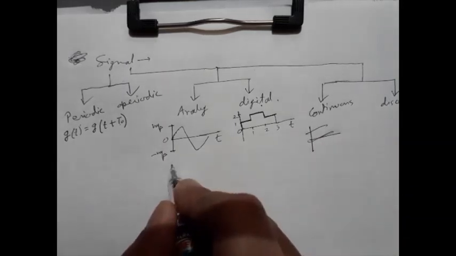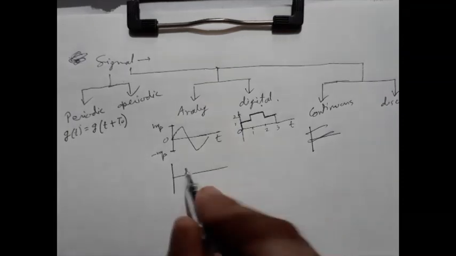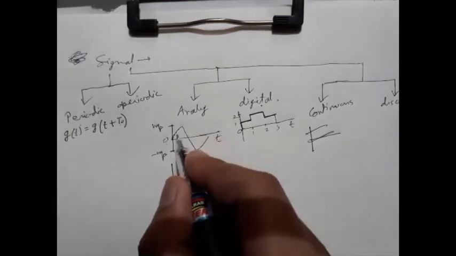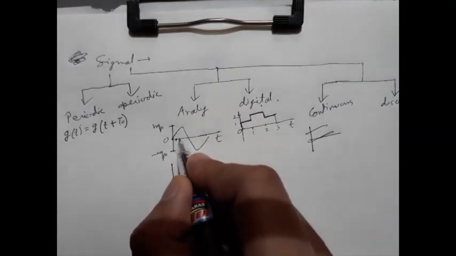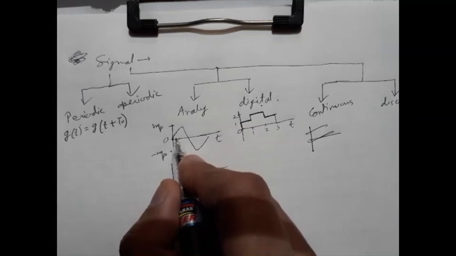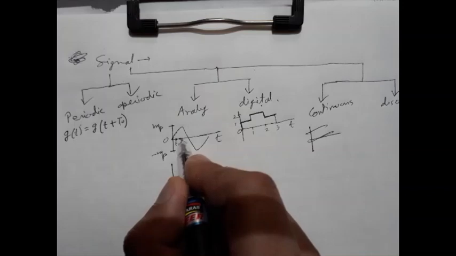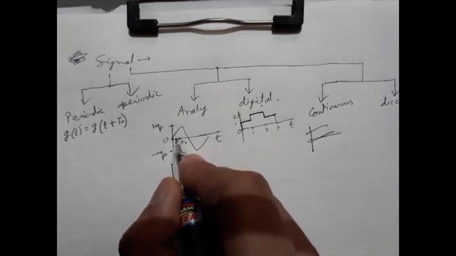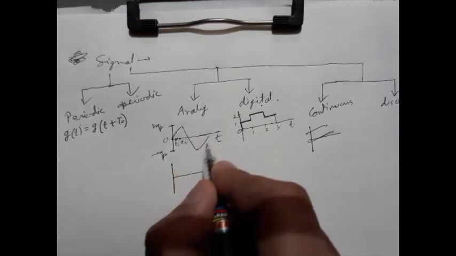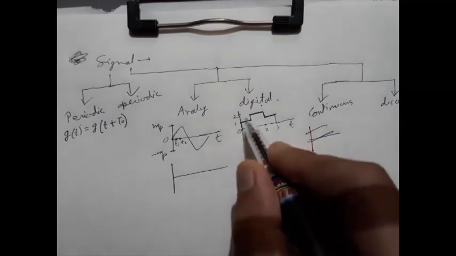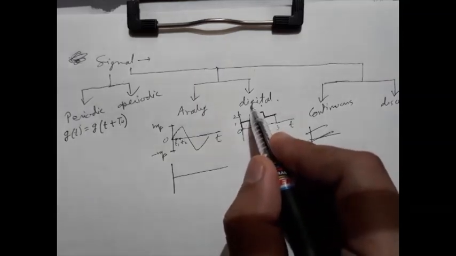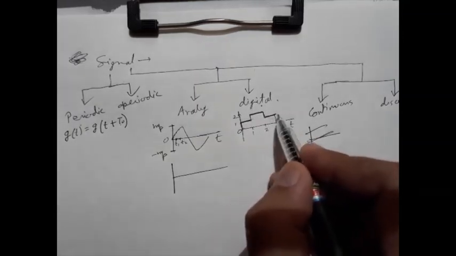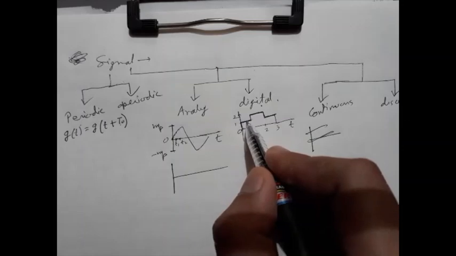It exists at this time, and at this time, and within the time between t1 and t2. The signal does exist, so it is a continuous signal. Also, this one is an example of a continuous signal. That means this signal is a digital and continuous signal, because it exists at every point of time.